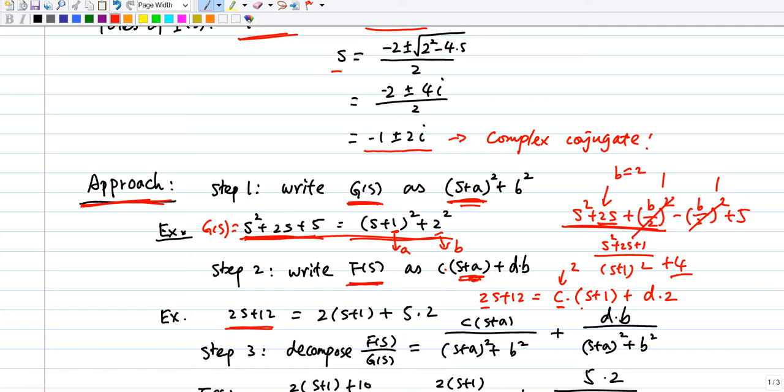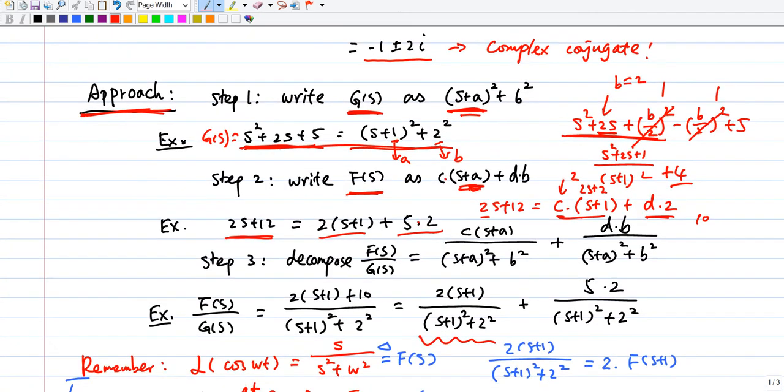With c = 2, we get 2s + 2, and since we have 2s + 12, the remaining part has to be 10. So d should be 5. So I have 2 times (s + 1) plus 5 times 2.